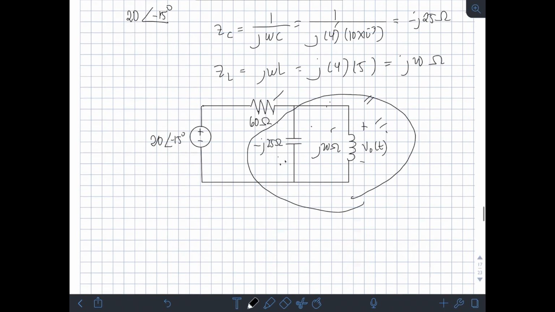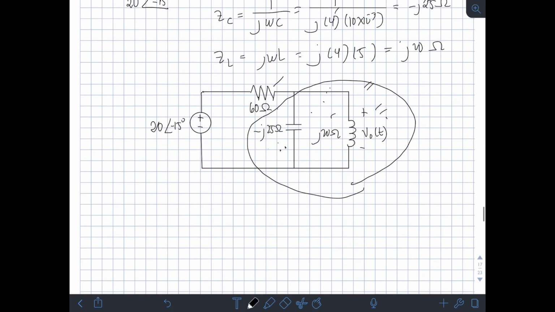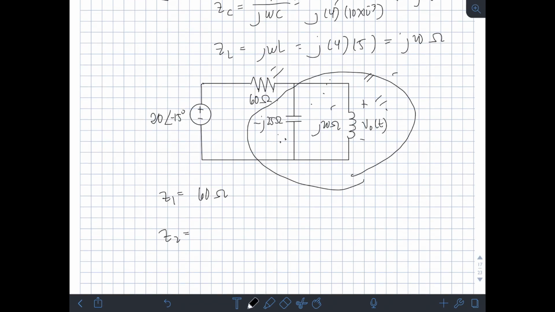So sige, gawin natin. Combine natin itong impedance na to. So let's say, Z1 na lang itong impedance na to, yung 60 ohm. Tapos Z2, yung parallel combination nitong dalawa. So katulad dun sa taas, dahil parallel sila, tapos dalawang circuit elements, dalawang impedance, formula is product over sum.